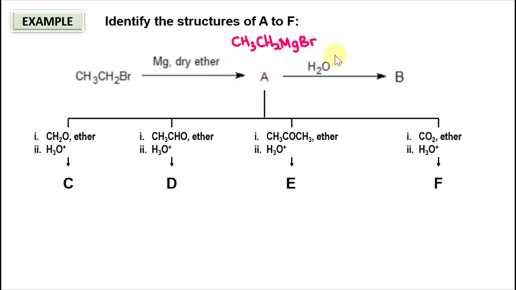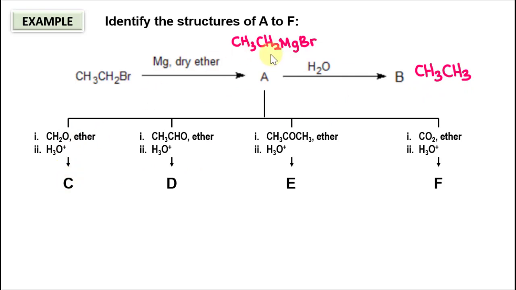When the Grignard reagent reacts with water, we know that it will form an alkane. So the MgBr here, we are going to replace it by one hydrogen. So B is going to be CH3CH3. Just now it had two hydrogens, but then we replace the MgBr here with the hydrogen. So we have ethane, right?